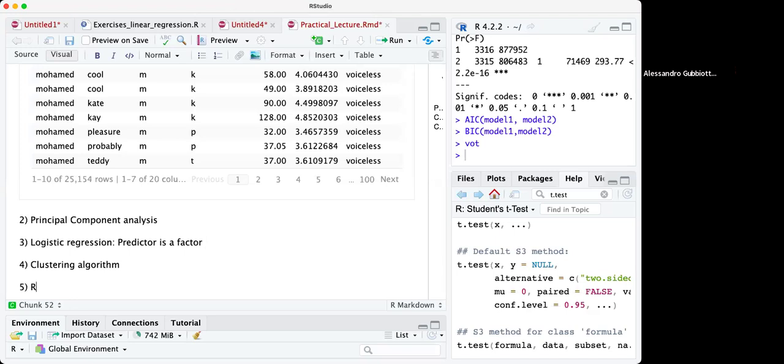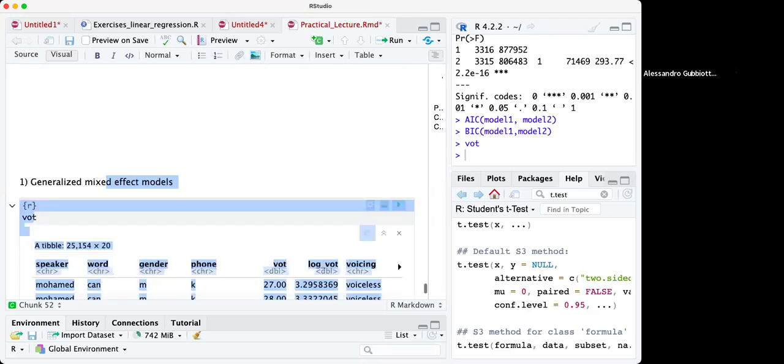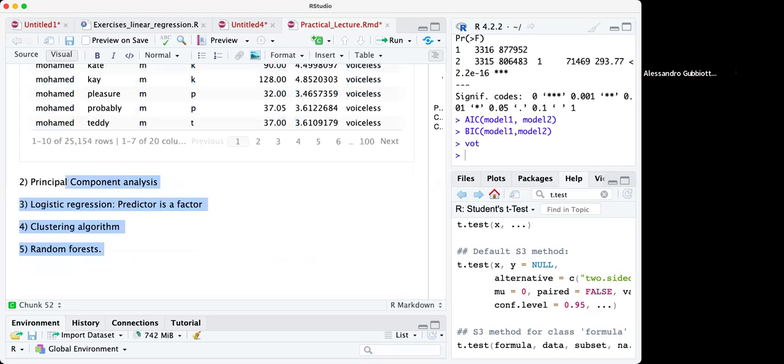So we didn't do this stuff here, but they are not really complicated. Once you have understood what testing is, then maybe the only one which is a little bit more complicated is the principal component analysis, because it's a different kind of algorithm.